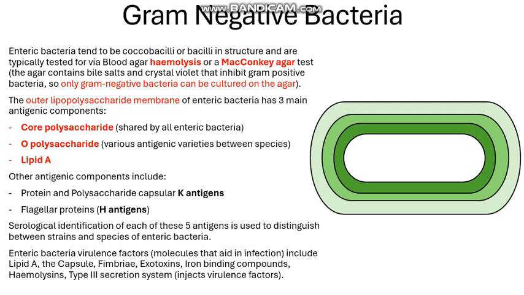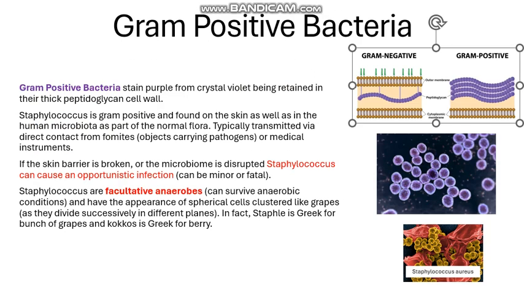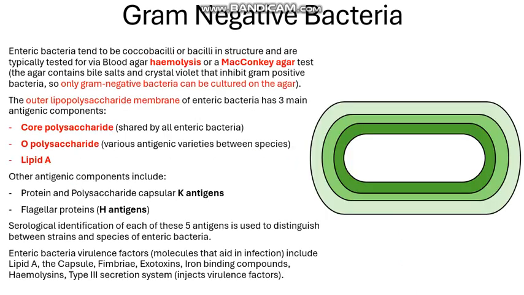The outer lipopolysaccharide membrane of enteric bacteria, so that would be this, if you look at this image up here, the gram-negative one on the left, you can see the peptidoglycan cell wall in purple in the middle, and then look to the very top, you've got the outer membrane. That is called the outer lipopolysaccharide membrane, and it has three parts.